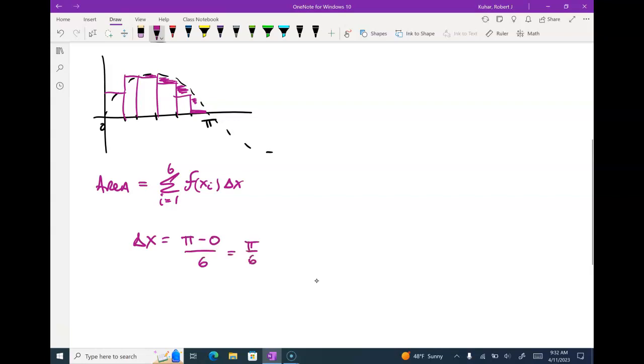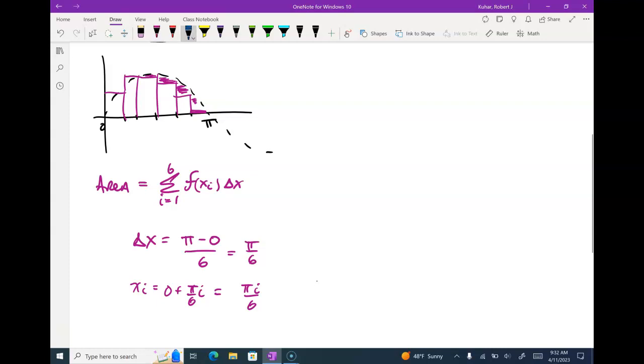The width of each rectangle is pi over 6. Makes sense, right? Because there are 6 rectangles, and it goes from 0 to pi, right? So the x sub i's are 0 plus delta x times i, so just pi i over 6. So meaning 1 pi over 6, 2 pi over 6, 3 pi over 6, 4 pi over 6, 5 pi over 6, 6 pi over 6.